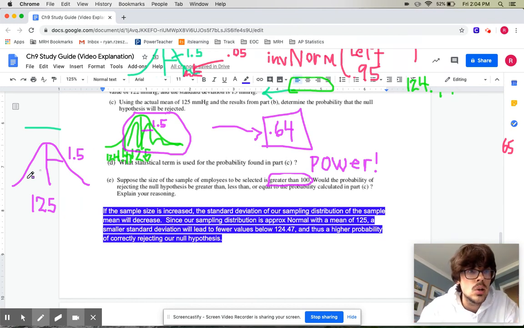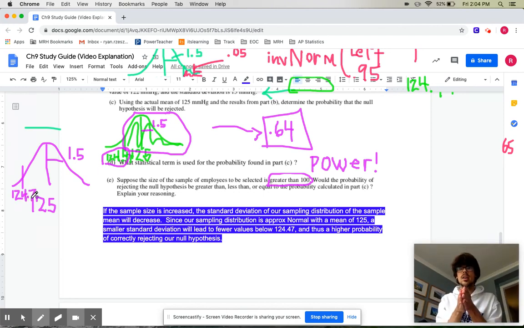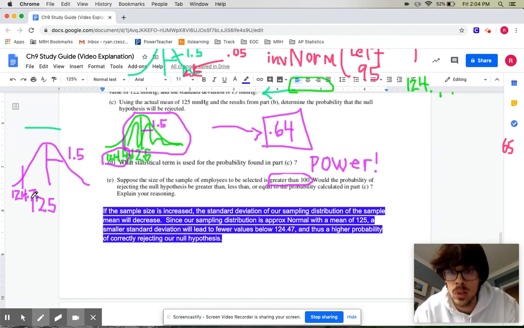So if your standard deviation goes down, we had that 124.47. Fewer values are going to reach that ugly cutoff of 124.47 if the standard deviation is smaller. Because our mean is at 125. If we have a smaller standard deviation, we're not going to hit that 124.47 as frequently.